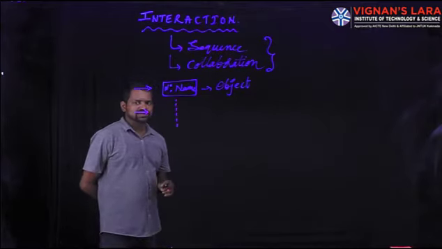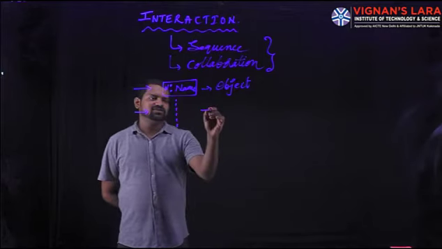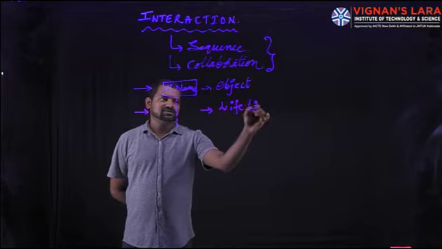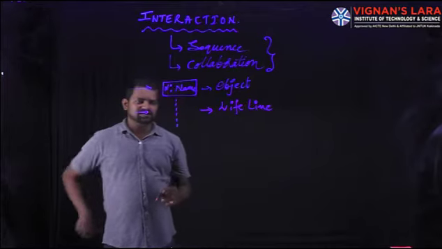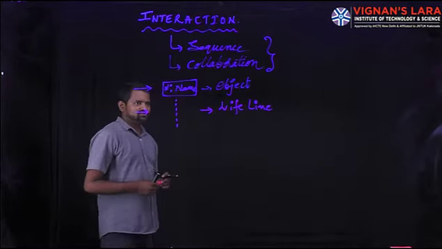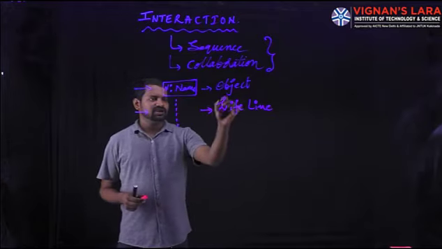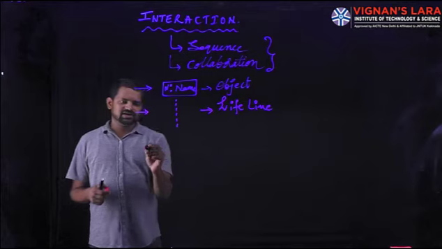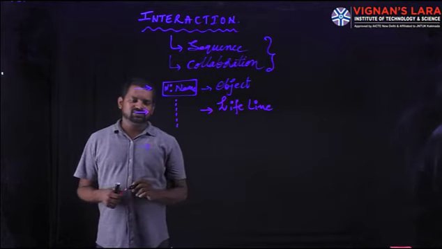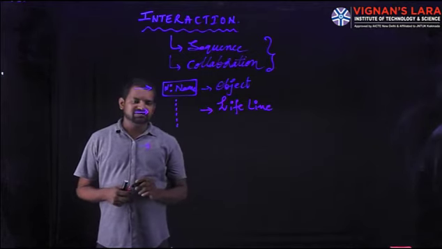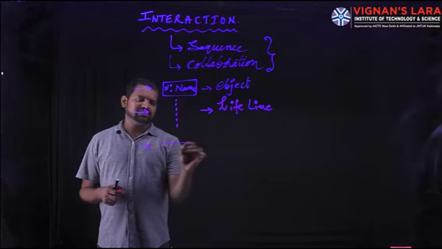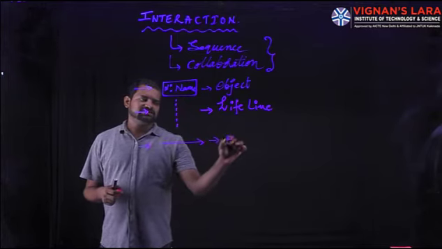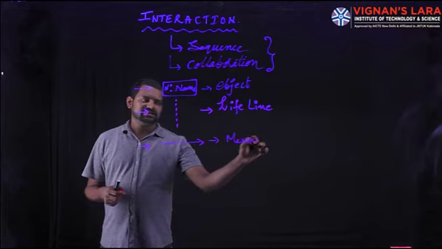A vertical dotted line is the lifeline of the object. To represent a lifeline, we use a vertical dotted line. And to represent a message, a unidirectional arrow is used.